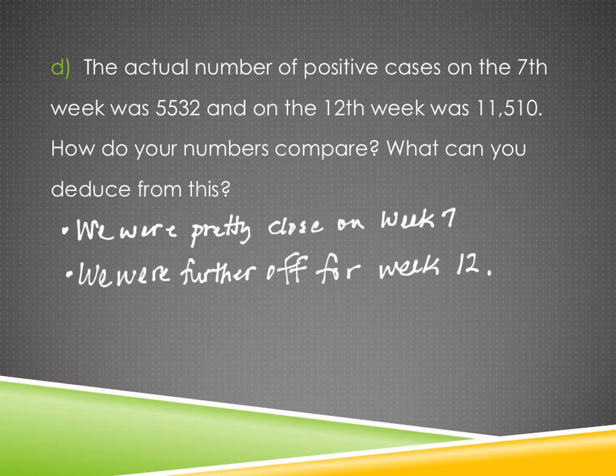So the overall problem with this is that predictions a little bit out tend to work pretty well. The further out you predict things, the less certain that they become, or the less correct they end up being, potentially.